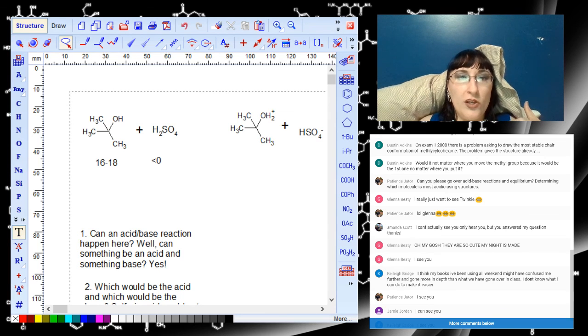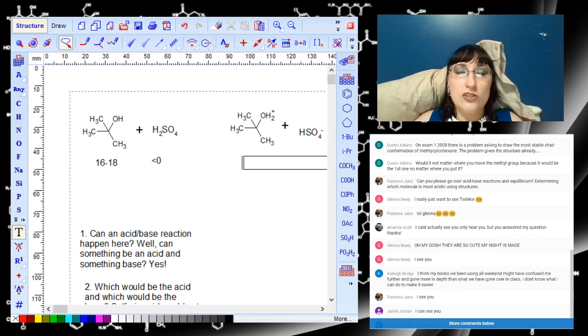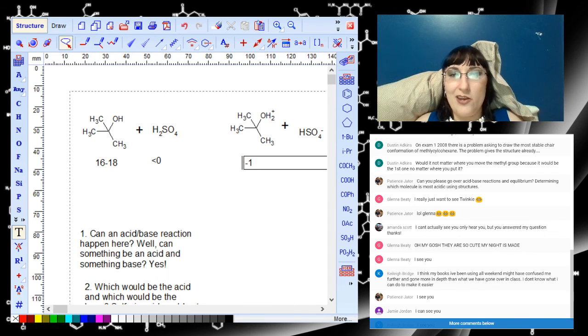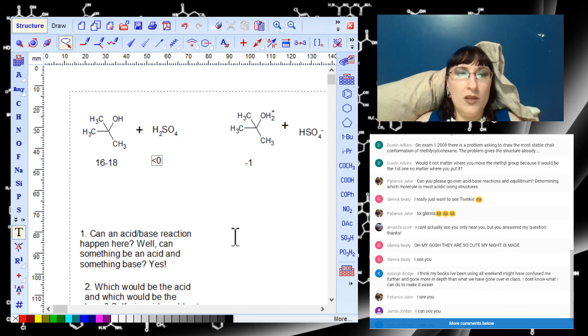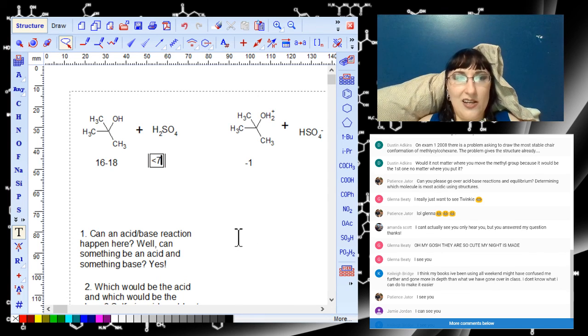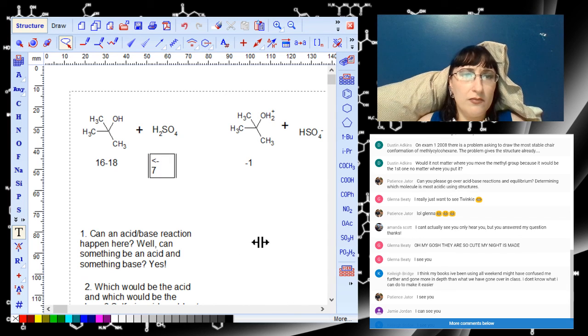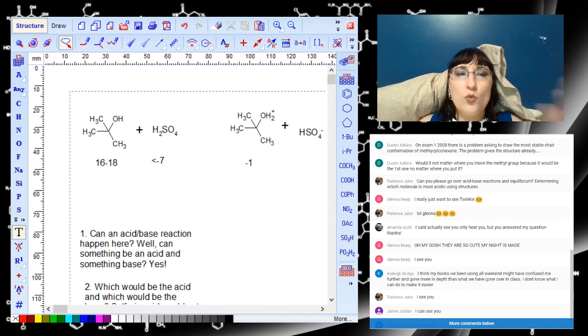So for this one, the pKa for a positively charged oxygen is less than 0. It's actually about -1. You don't need to know that detail. The one for sulfuric acid, I think, is like -7. So if I were to look at these, which one would be the weaker acid favored? It would actually be the one over here on the right side of the equation.